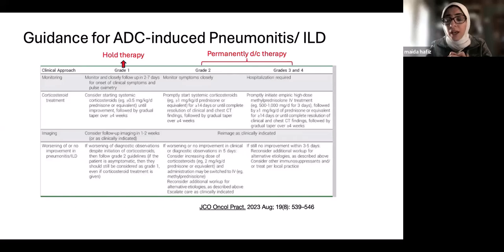For grade 3 and 4, these are patients who will frequently require hospitalization, and the recommendation is to promptly start empiric high-dose solumedrol IV, which would be 500 to a gram of solumedrol for 3 days.